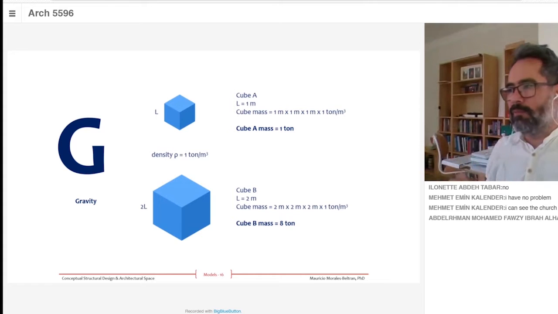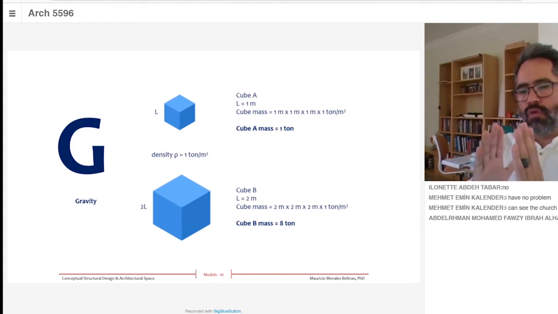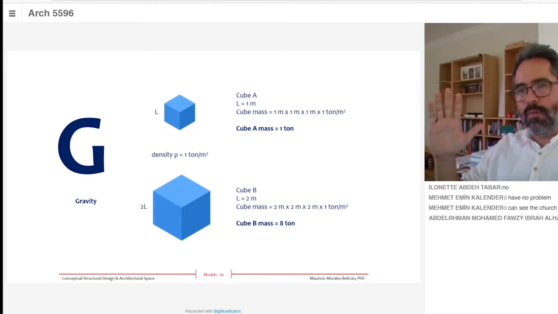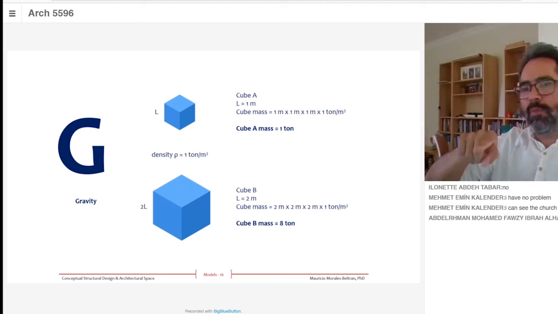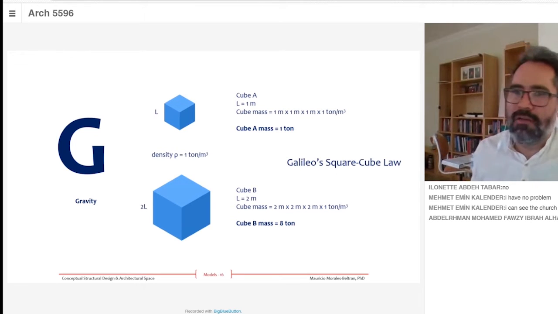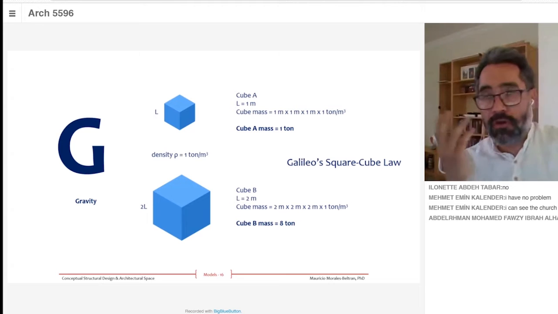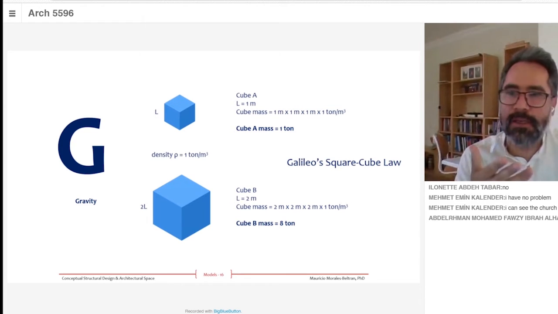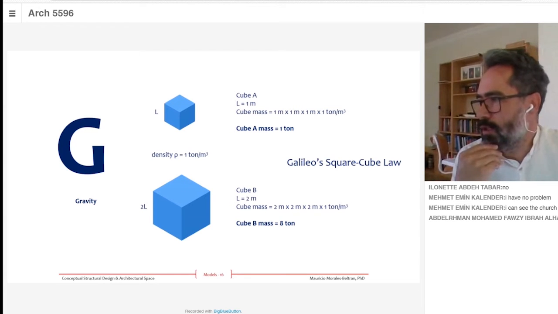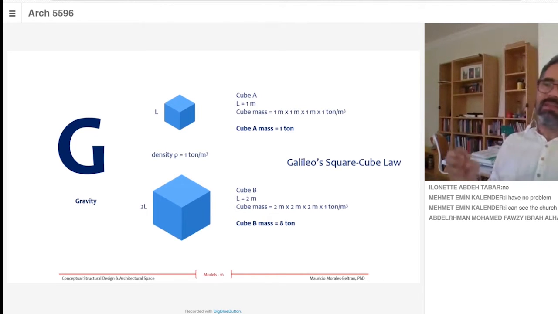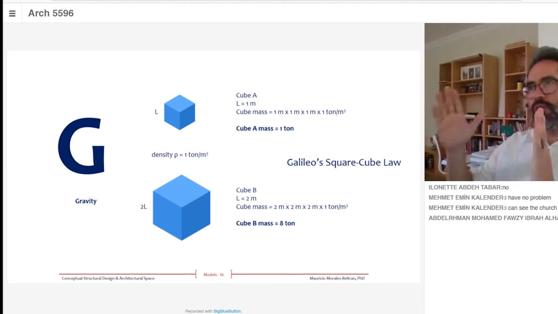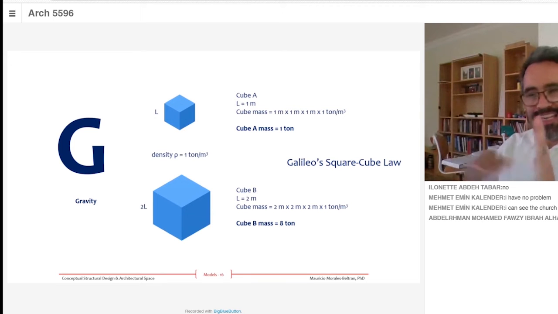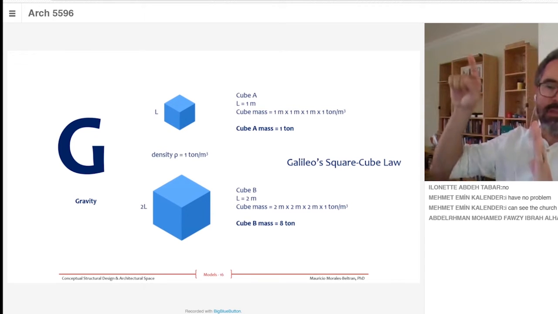Because when you increase the size of something, the gravity is going to affect it to the cube of that proportion. And that is a very old principle, first enunciated, or at least history tells us so, as the square-cube law. Basically, it means that if you increase the dimension of an object linearly, its mass is going to increase cubically, not linearly.